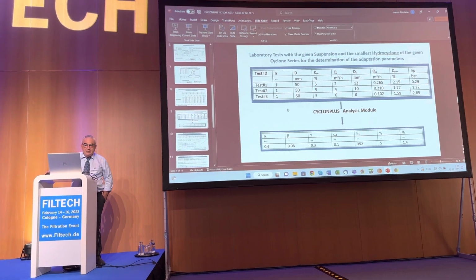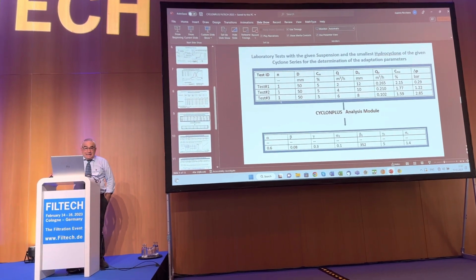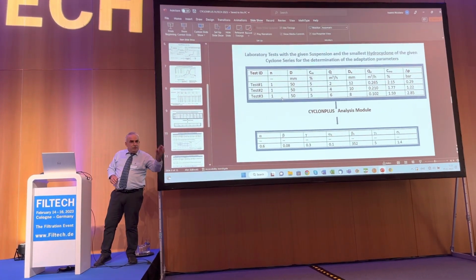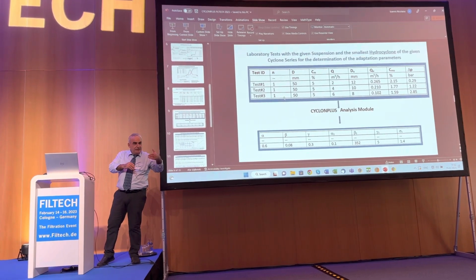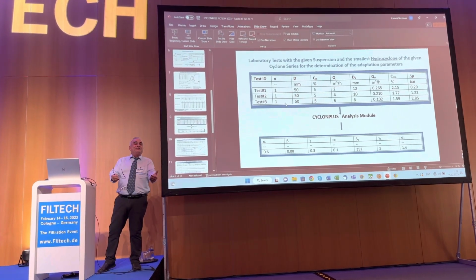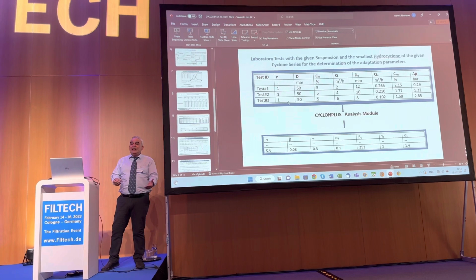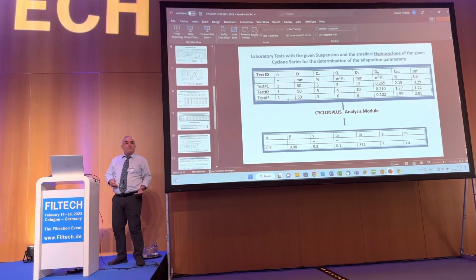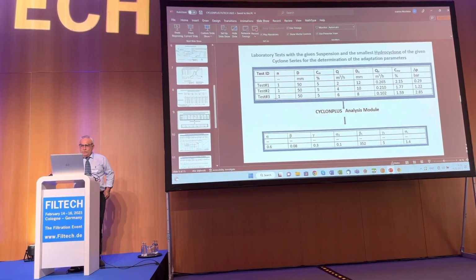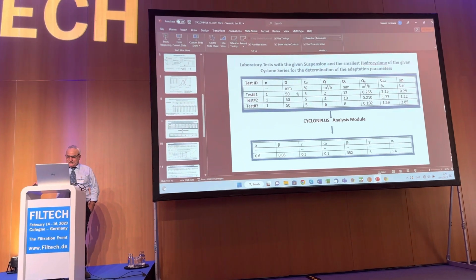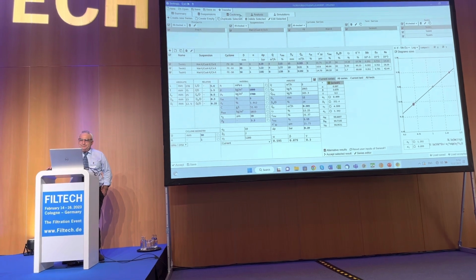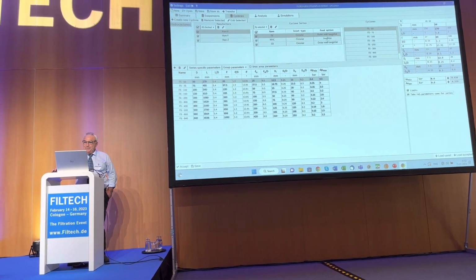You see here, these are the 3 tests with the smallest hydrocyclone of the given series to determine the 7 adaptation parameters, because only when we have these adaptation parameters are we able to do a simulation of the performance of the hydrocyclone for any settings. And you see here, we have one hydrocyclone, the smallest of this series, this one, 50 millimeters.